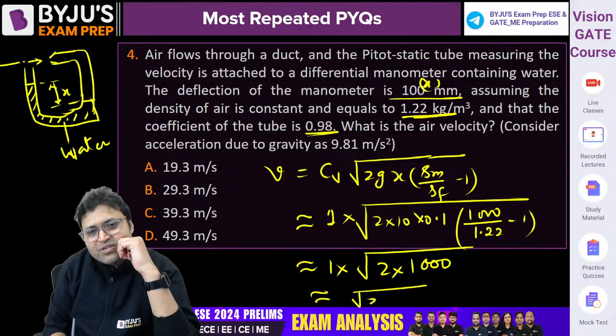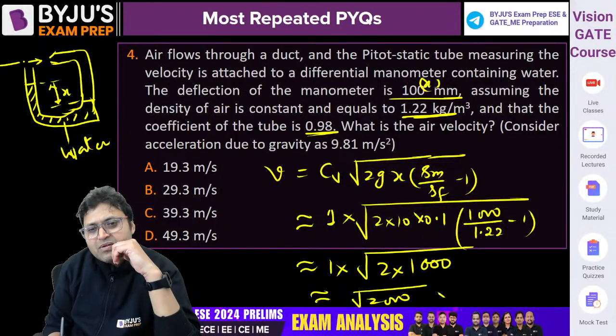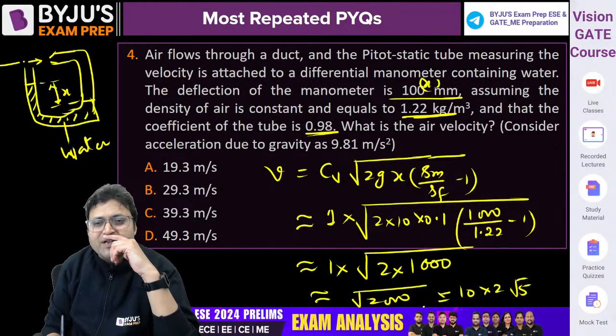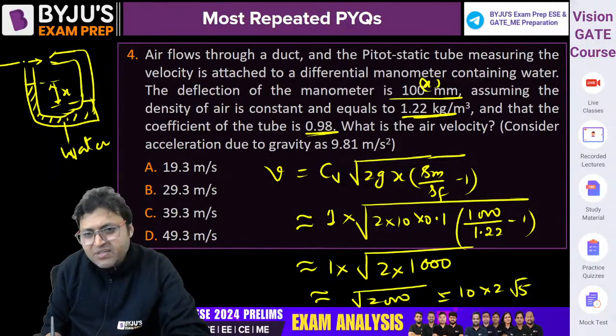So it will be under root of 2000. How much is that? 10 into root 20, root 5. And what is the value of root 5? It is 2.23 something.